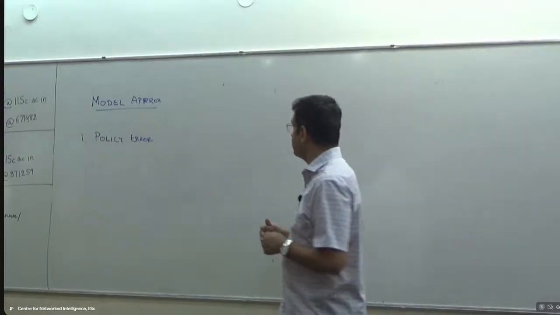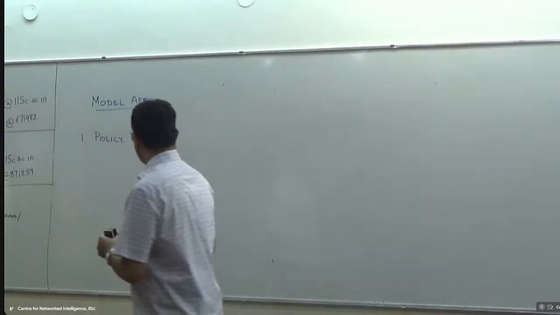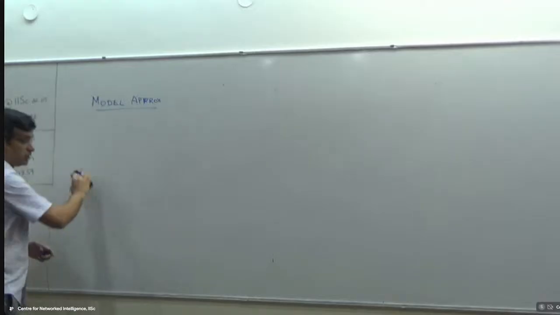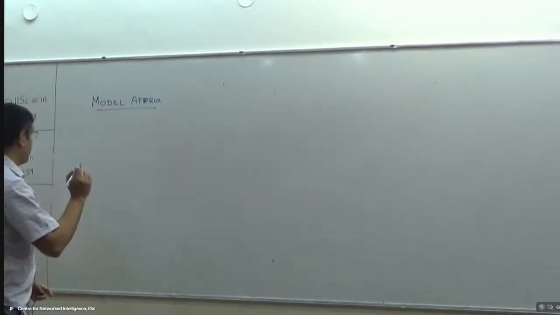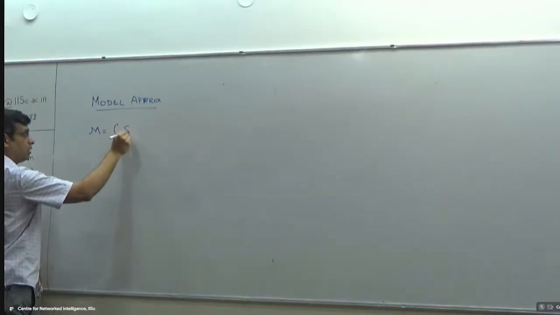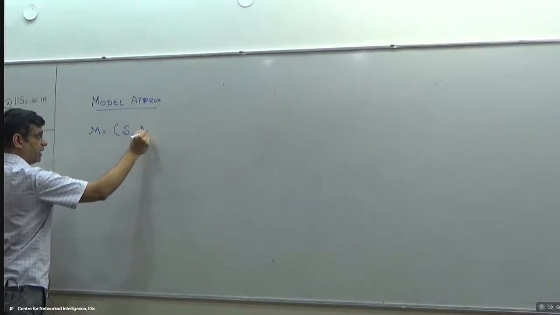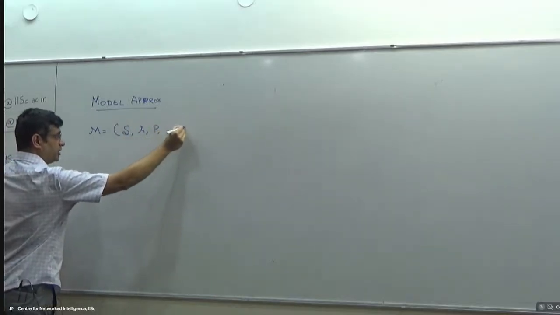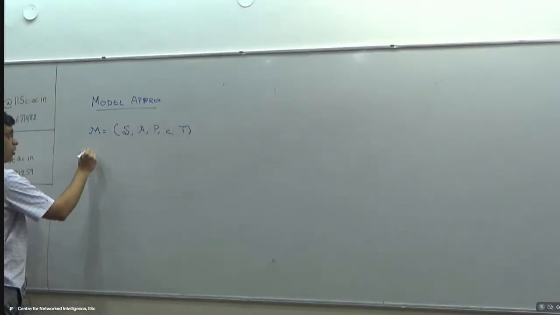Let me make an assumption for the purpose of this lecture, and I am going to relax this in the future. From the notation of the last lecture, I have a model which is S, A, P, C, T. This is my true model, and I will say I have an approximate model.